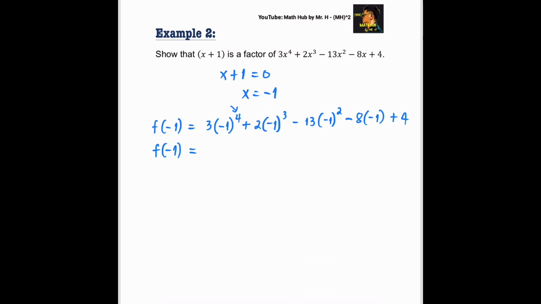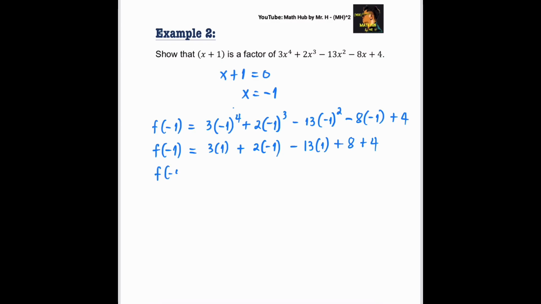On the other hand, if the exponent is an odd number, then it will still stay negative. 3 times positive 1 plus 2 times negative 1 minus 13 times positive 1. Here you have negative 8 times negative 1, it will become positive 8, then plus 4.